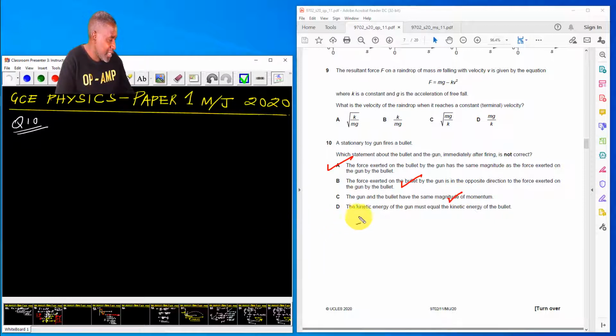Let me look at D. The kinetic energy of the gun must be equal to the kinetic energy of the bullet. In other words, here you are trying to tell me something about energy, but I know in this collision, kinetic energy is not conserved.